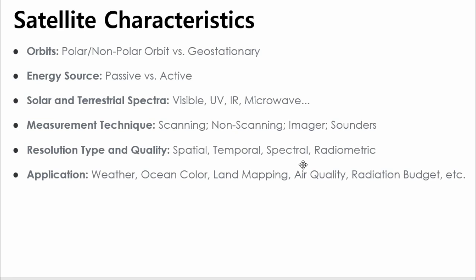Depending on which region you are going to use, you can have visible or UV, IR, and microwave sensors. There are a variety of sensors. Or by measurement technique, whether it is scanning or one-dimensional, two-dimensional or three-dimensional imaging, or non-imaging or sounders, and by resolution type and quality.